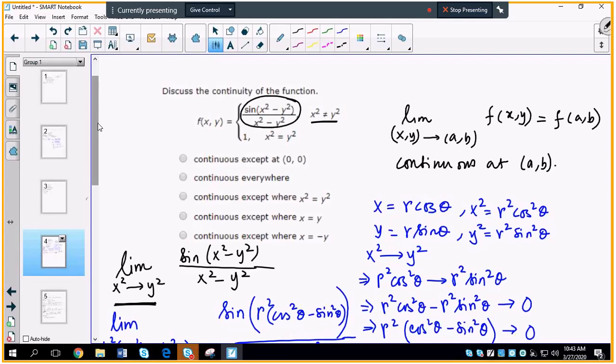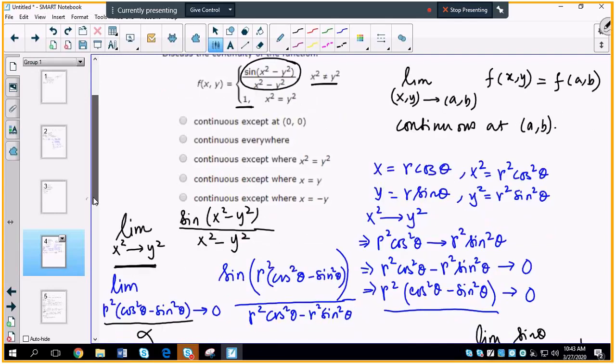The problems are when x squared is becoming very close to y squared. Well, I found that the limit is 1 in that situation, which agrees with the functional value when x squared is equal to y squared. So the functional value when x squared is equal to y squared equals the limiting value when x squared is tending to become equal to y squared.